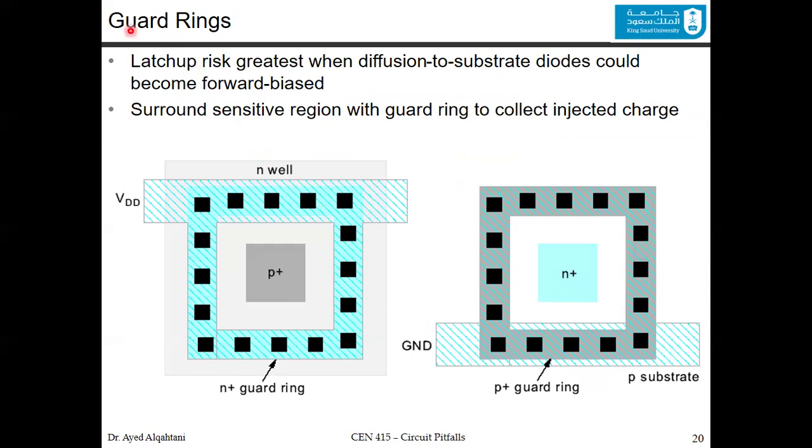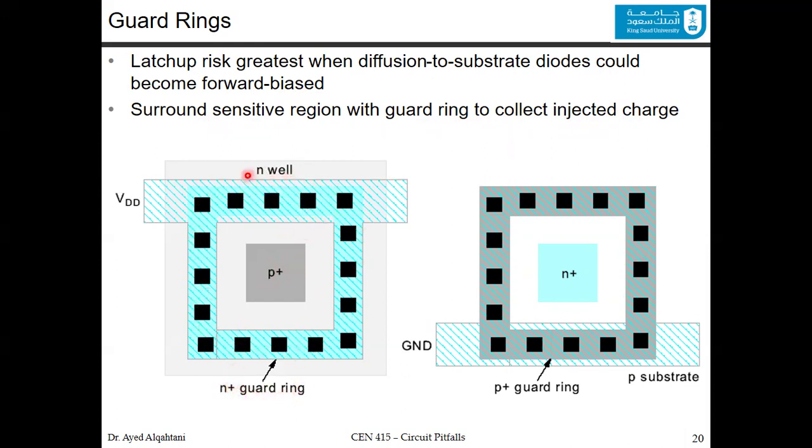Also, we can use guard rings. Latchup risk is greatest when diffusion to substrate diodes could become forward biased, as we said. So we surround the sensitive region with a guard ring to collect any injected charges. Any charges that could cause trouble, we collect them with this ring. The P plus has rings; these rings are N plus guard rings.